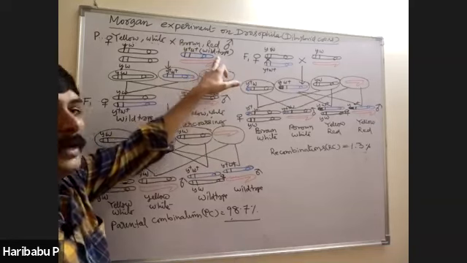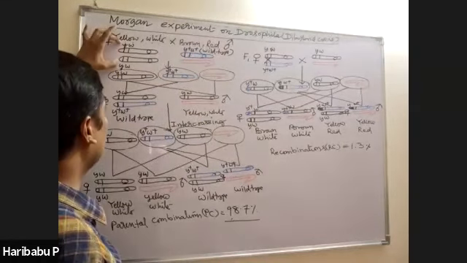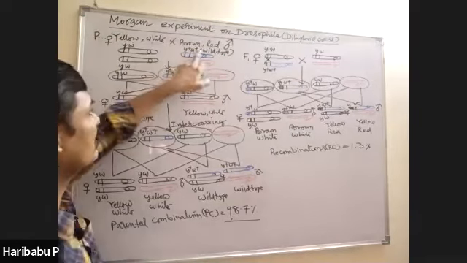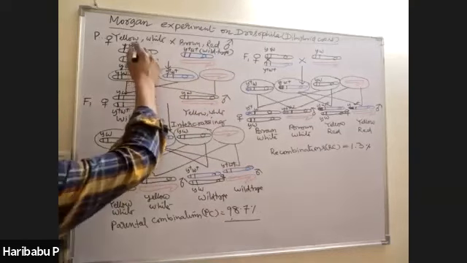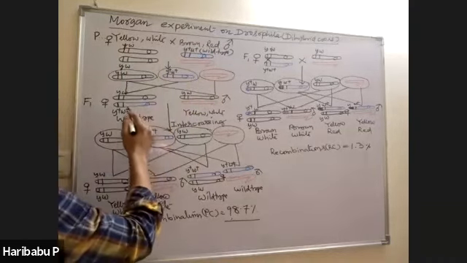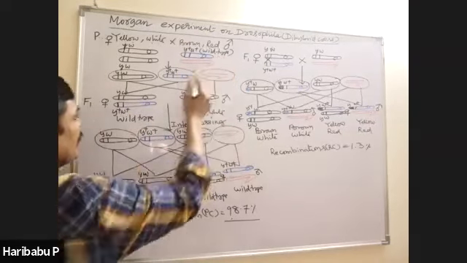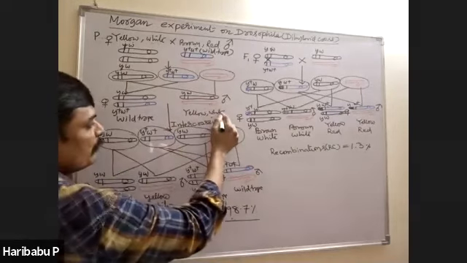Then they are called wild type. This is male, with XY chromosomes, and the female contains two X chromosomes. Now, when these are crossed, in the F1, brown red, that is wild type females, were obtained and yellow white males were obtained.